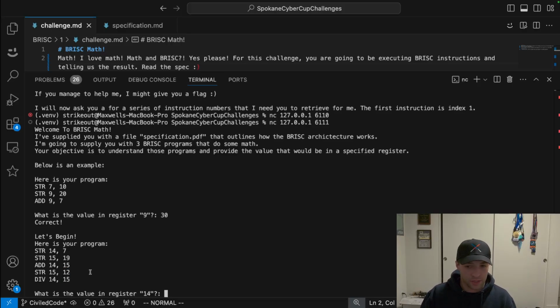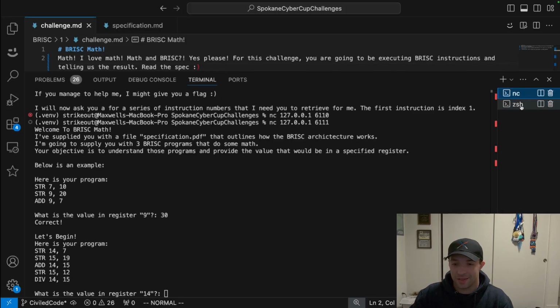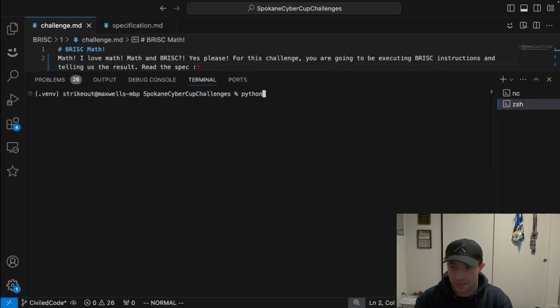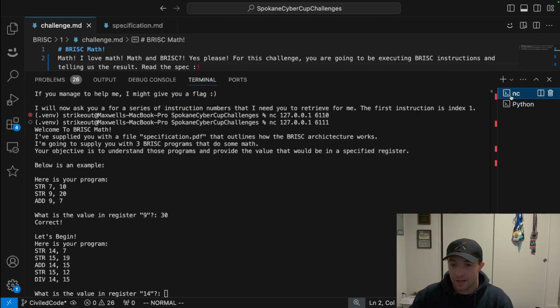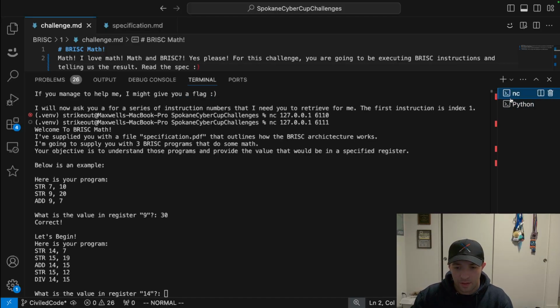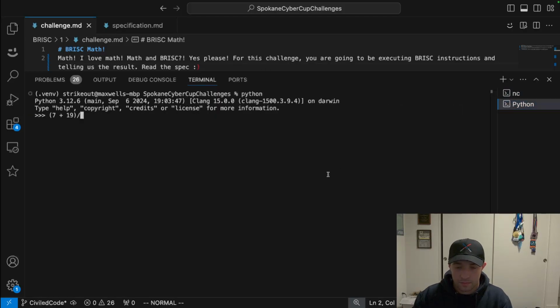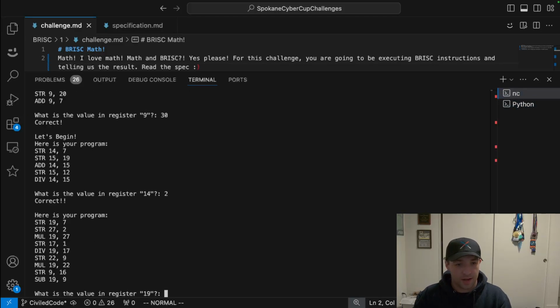And then it's going to be integer truncated. So we can do this real fast in Python just because I'm lazy. 7 plus 19 divided by 12. So that's going to be 2. And now we have the right answer.